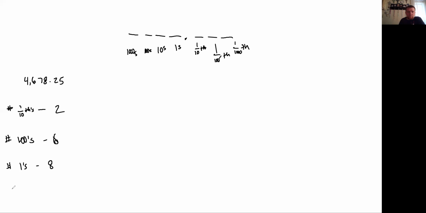Might ask you what number is in the hundredths place. In this case, it is 5. So half of your assignment is going to look like that.